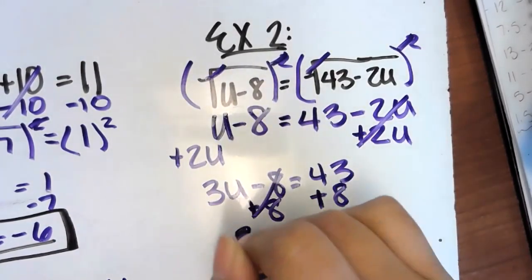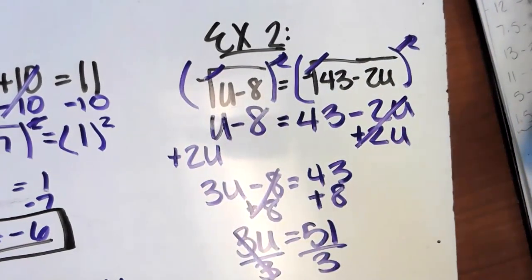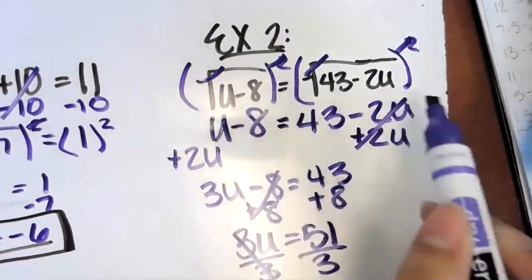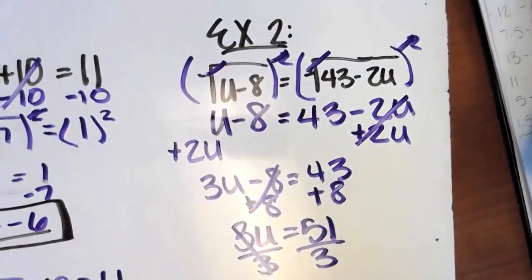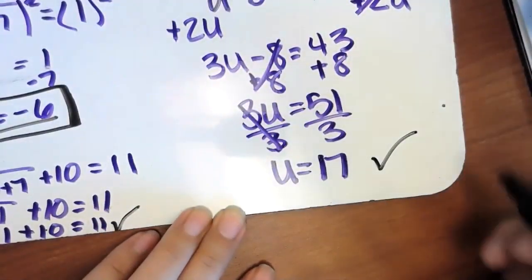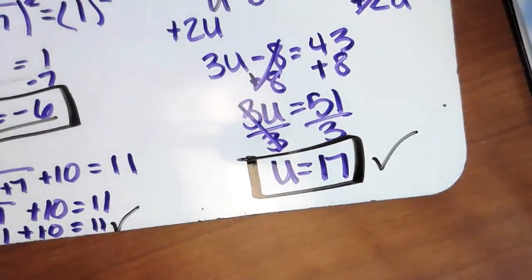And then you just divide by 3. u is 17. To check this, you would just plug 17 back into both u's, and it's going to make this equation true. When you plug 17 in for u, it makes it a true solution. So this would be your answer, and you would just box it in.